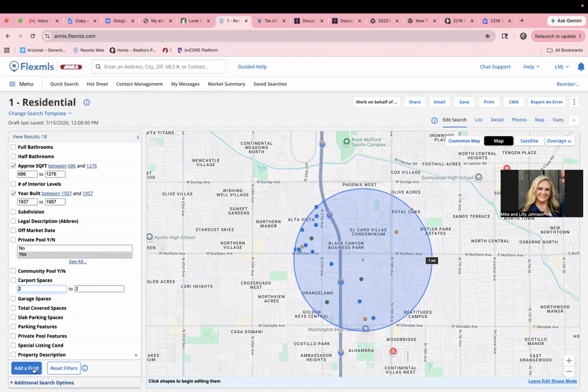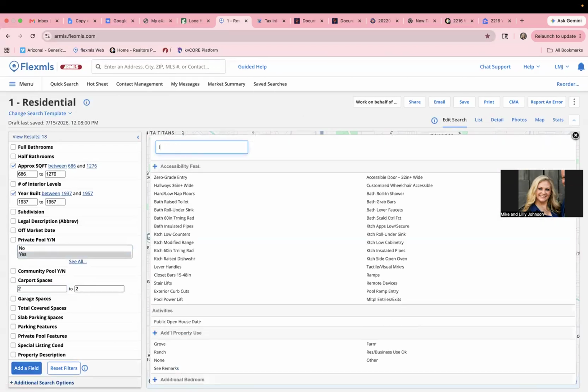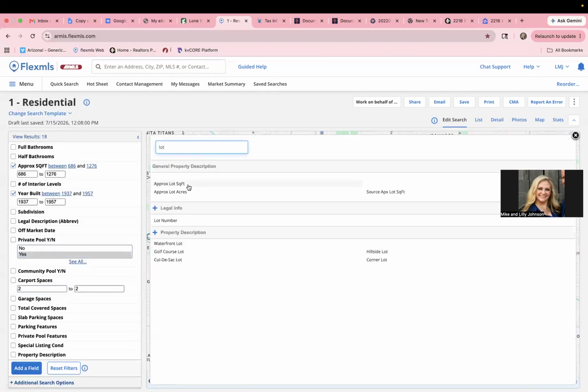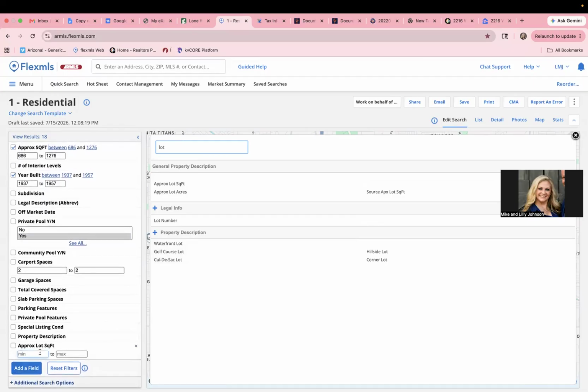I'm just looking at my notes. So I know the lot is 12,420. Same thing, I want like 30% up and down. So that's going to be 3726 plus 12,420.